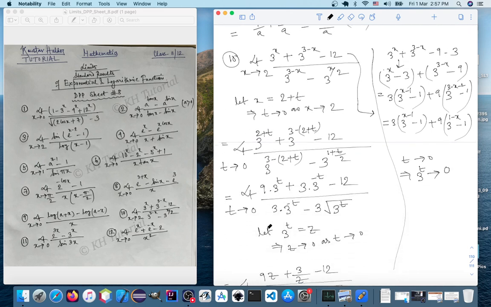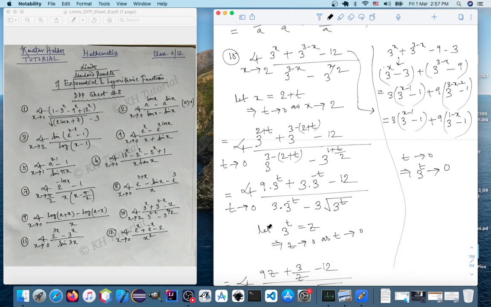Let's see the problem again. 3 to the power x plus 3 to the power 3 minus x minus 12, over 3 to the power 3 minus x minus 3 to the power x by 2, which is 27 by 3 to the power x, and 27 by 3 to the power x by 2.